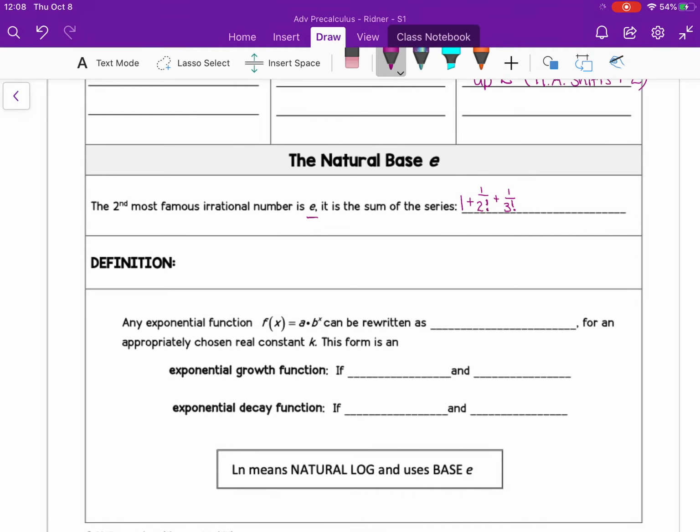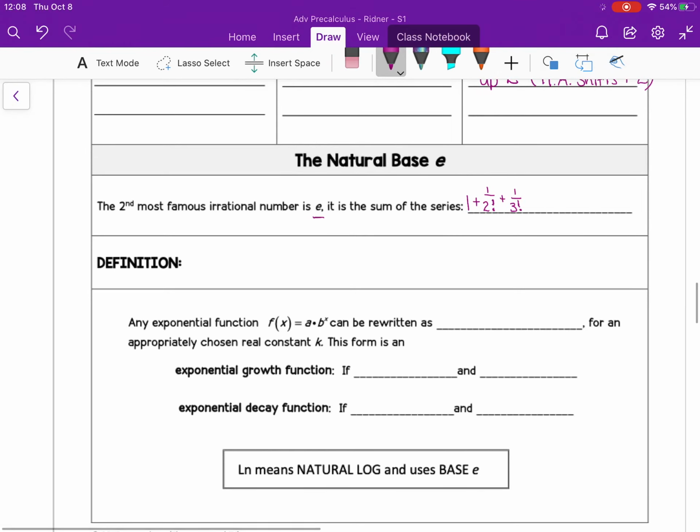Remember, the factorial meant 2 times 1, 3 times 2 times 1, 4 times 3 times 2 times 1, and so forth and so on, forever and ever, which we would write as the sum from k equals 0 to infinity of 1 over k factorial equals E.